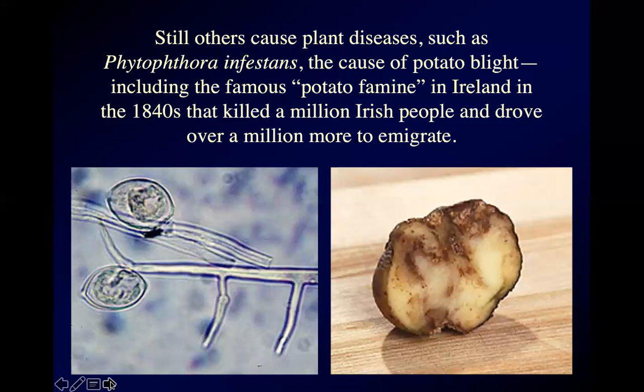So if you've got Irish ancestry, it's quite possible that they came here because of the potato famine, which was caused by a protist, Phytophthora infestans. So this is a very important group of organisms as far as human welfare goes.